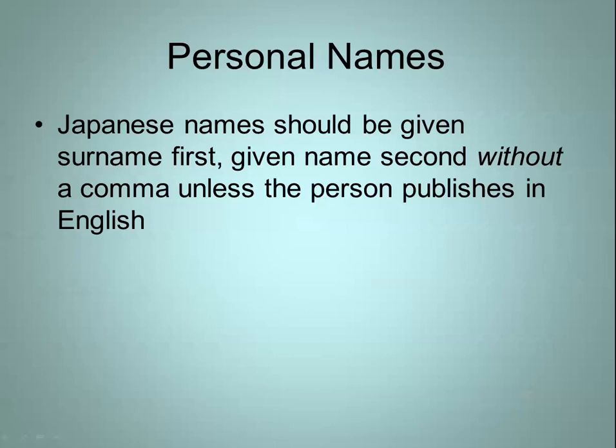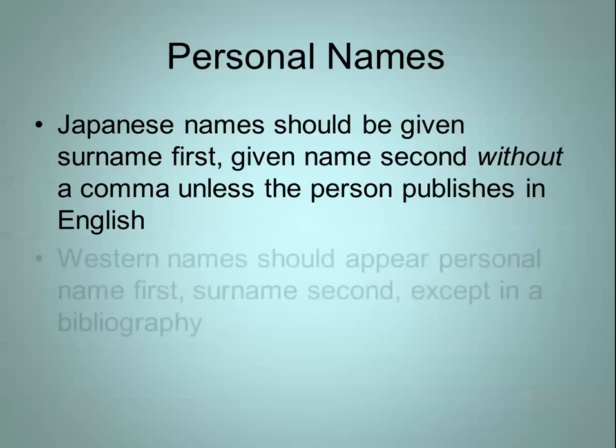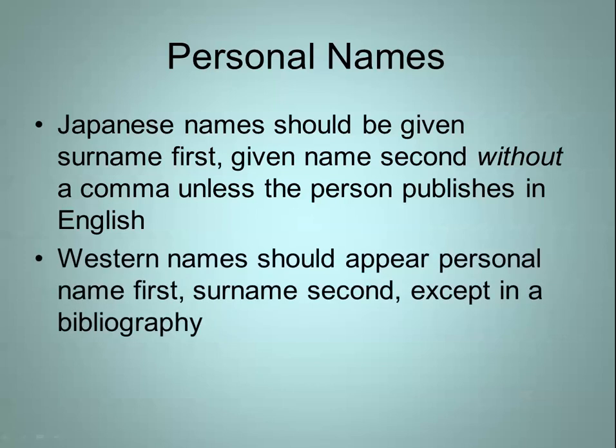So it'll be Suzuki, Taro. But if this book is published in Japanese, then you present that name in the Japanese order. So Suzuki Taro, okay, without a comma. The comma indicates that that work originally was written by somebody in English.